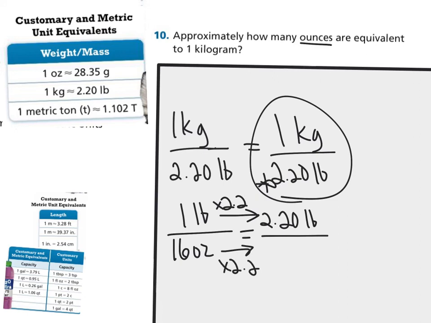And so 16 times 2.2 is 35.2. So it should be 35.2 ounces. So this gives you an idea of how to relate customary and metric units.